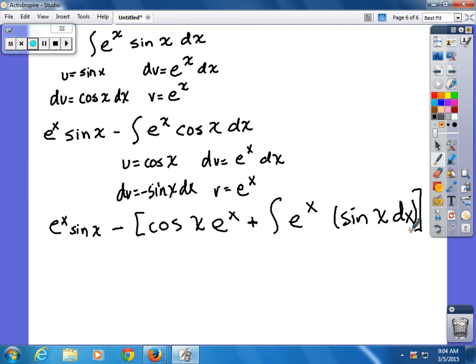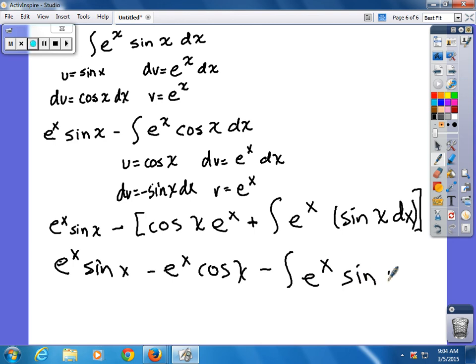I distributed the negative right here. That's why: e to the x sine of x, distribute the negative, and that's minus e to the x cosine of x minus the antiderivative of e to the x sine of x dx.